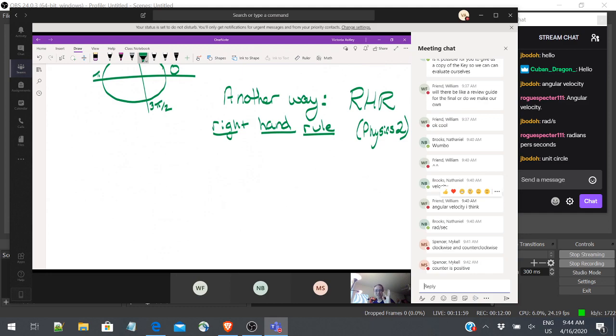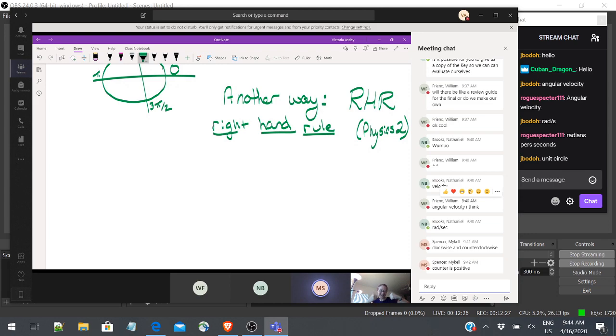Okay, so this right-hand rule is if you take your fingers and you follow the path of the circle, your thumb will tell you whether it is positive, thumbs up, or negative, thumbs down, right? So if you have something that is rotating counterclockwise, you make a counterclockwise circle with your fingers, you're going to get your thumb pointing upward.